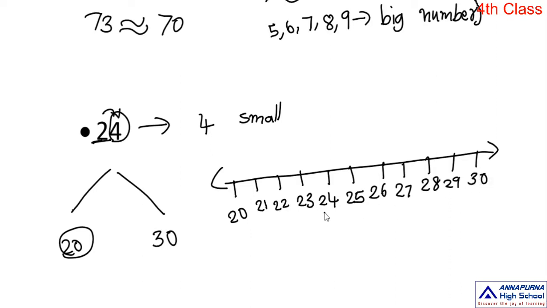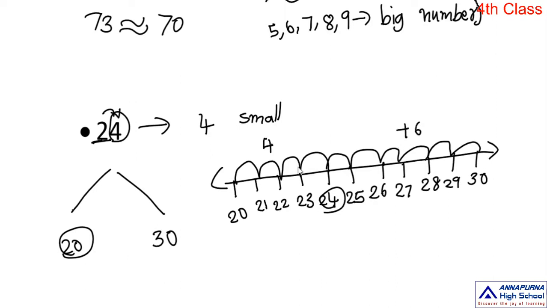So where is our number? 24 is here. To reach 20, how many steps backward? 1, 2, 3, 4. It is 4 steps away. To reach 30, how many steps forward? 1, 2, 3, 4, 5, 6. So it is plus 6. So 4 is close to the 24 number. So 20 is the nearest 10.